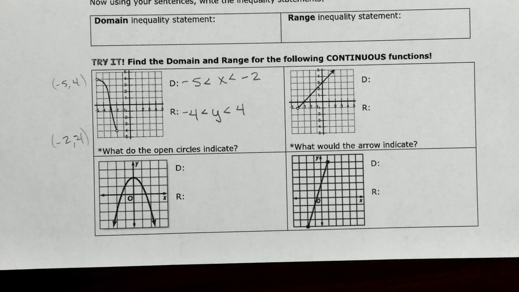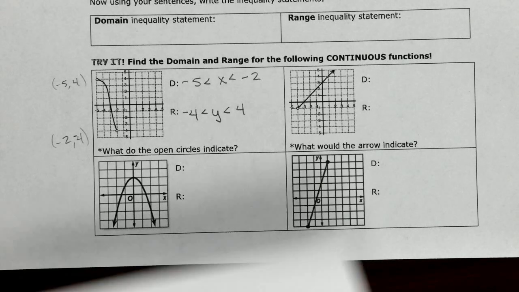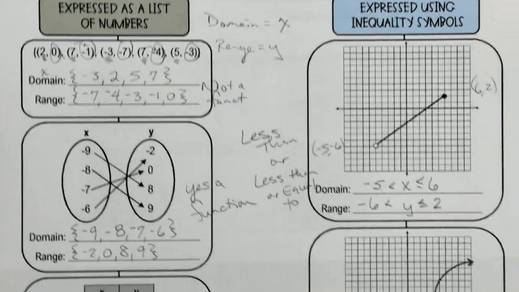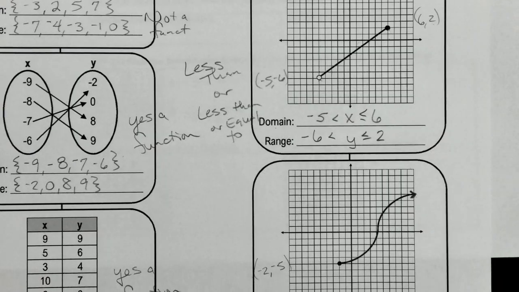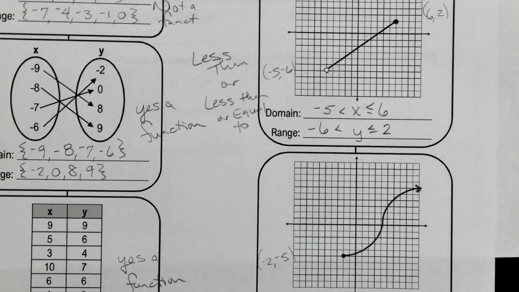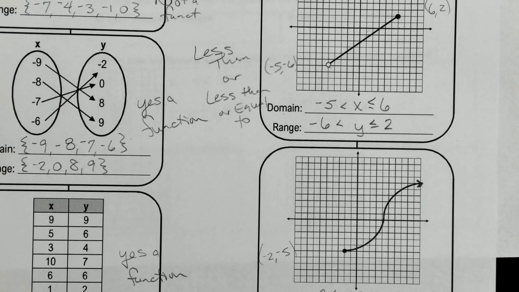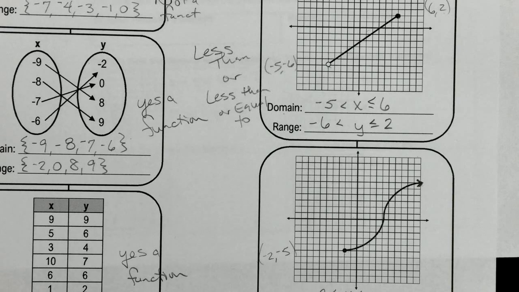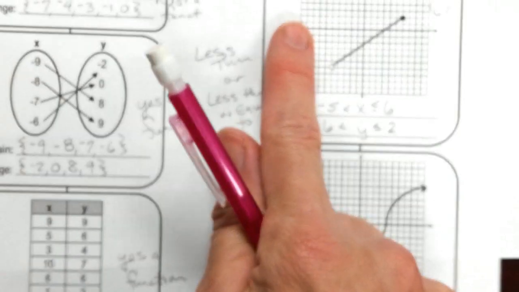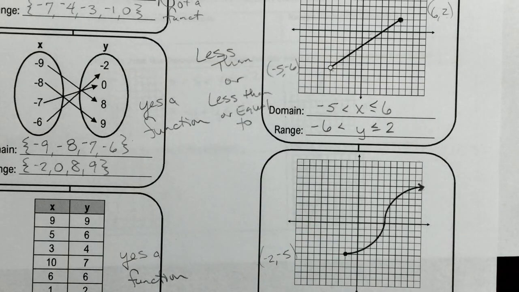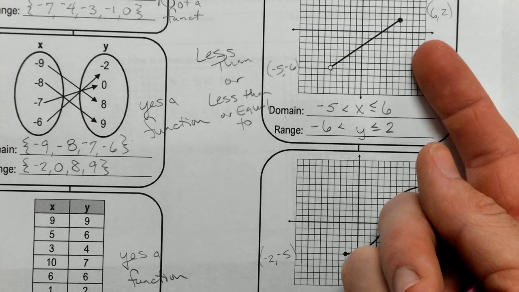Okay, so let's look back at all our other problems, right? I'm going to go back to our other page. Do I ever start and go backwards? Okay, so again, I'm looking at domain. I'm scanning the graph from left to right. I want the leftmost point, the lowest value, and I'm going to write it to the highest value.